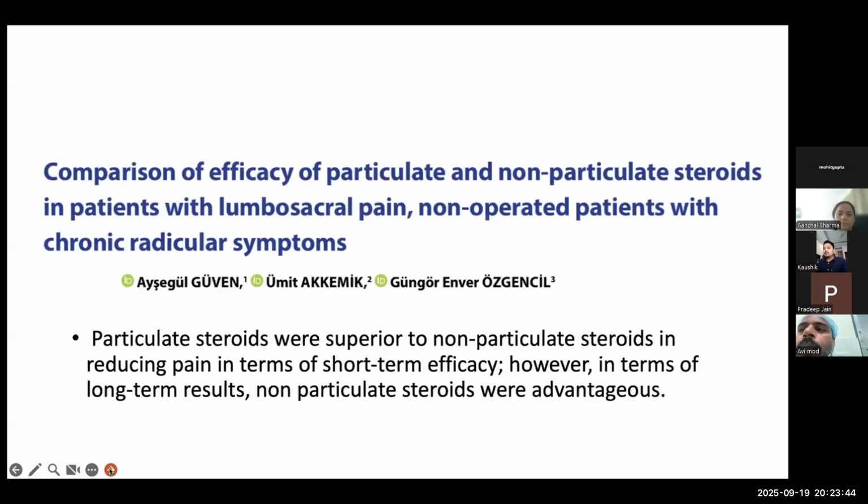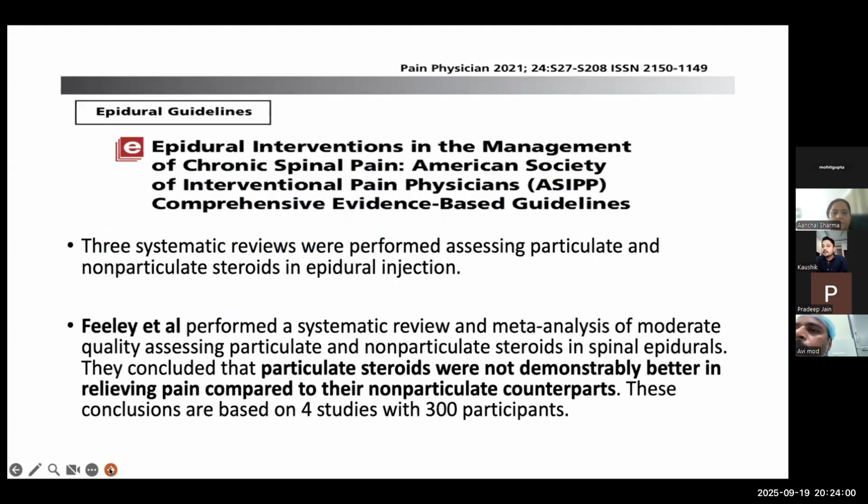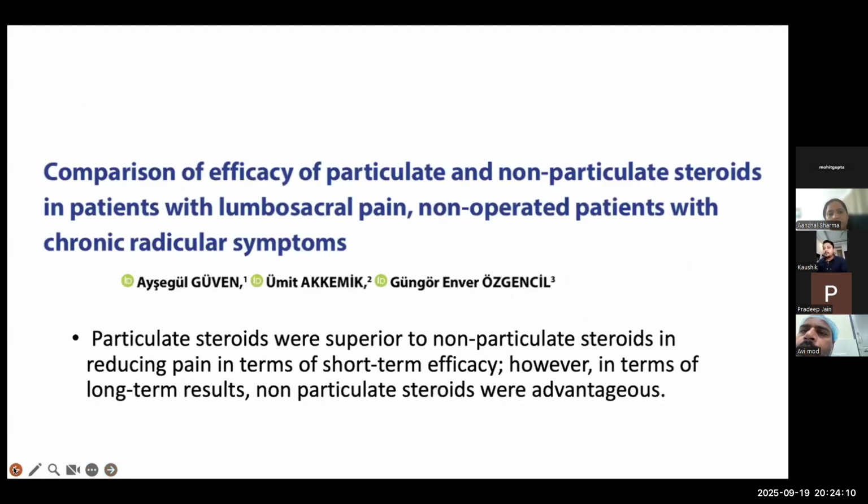One more study we have is from the Agri Pain Journal, where they studied the comparison of the efficacy of particulate and non-particulate steroids in non-operated patients with lumbosacral pain presenting with chronic radicular symptoms. In this study, they found that the particulate steroids were far superior to non-particulate steroids.